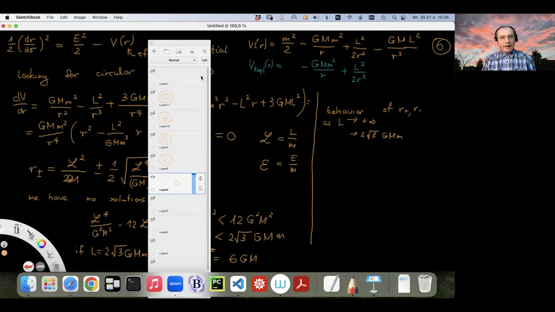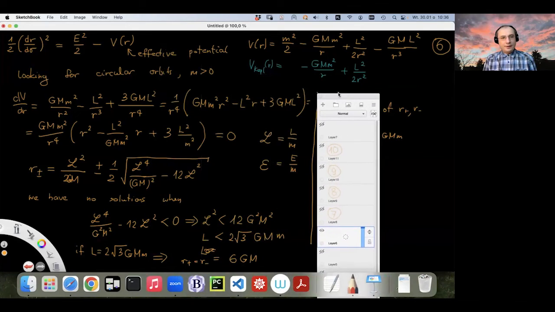If L goes to plus infinity, obviously R plus goes to infinity because the L to the power of 4 term is dominated with respect to the other one.